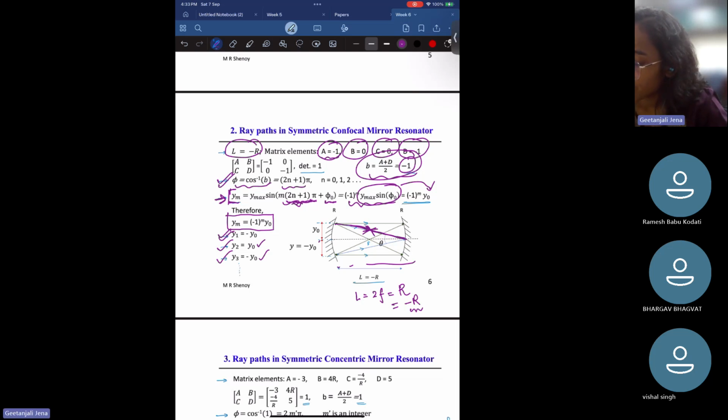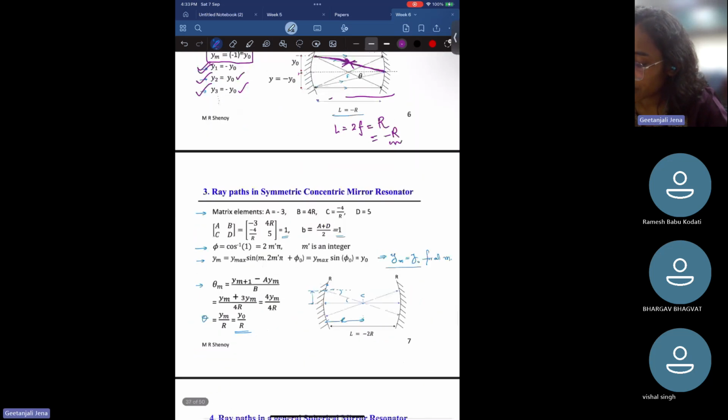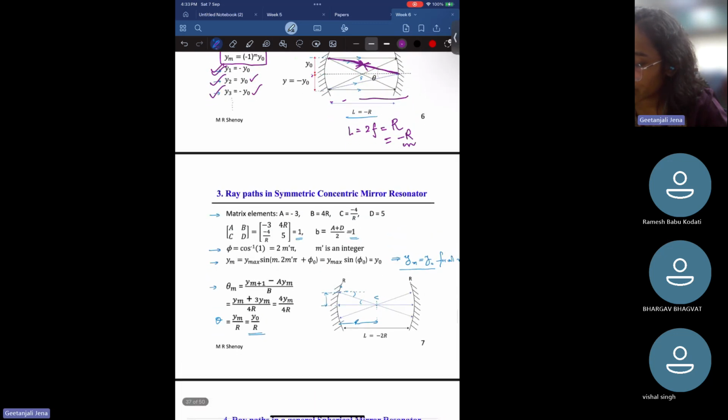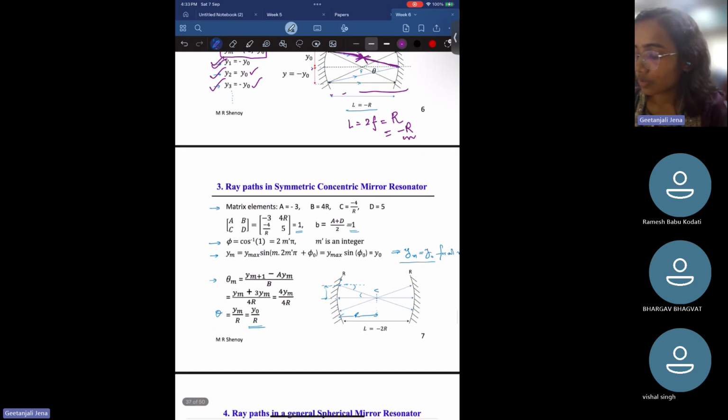Okay. Now we'll see the symmetric concentric mirror resonator. For confocal we have L equal to minus R, and for concentric we have L equal to minus 2R, because the center point is not F. The center point defines the radius of curvature of each mirror.